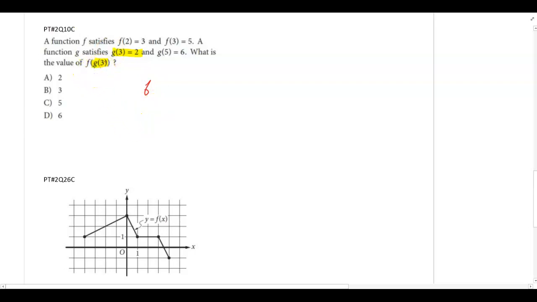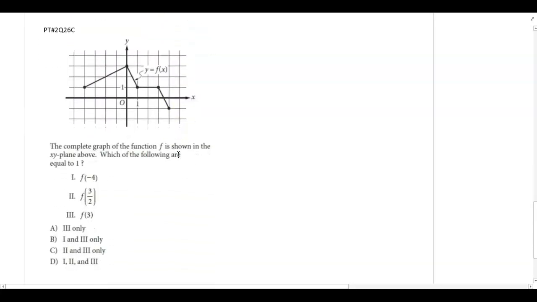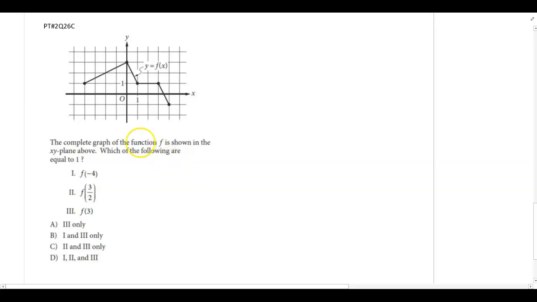So what we're going to basically do is say g of 3 is 2. So what now is f of 2? Well, if I go here, the value of f with an input of 2 is equal to 3. So that is what you would get. So these are called composite functions.